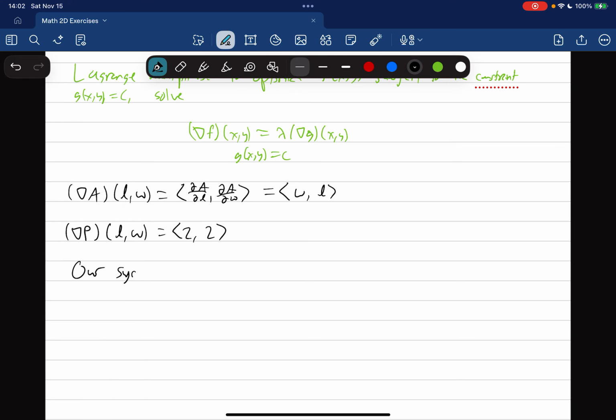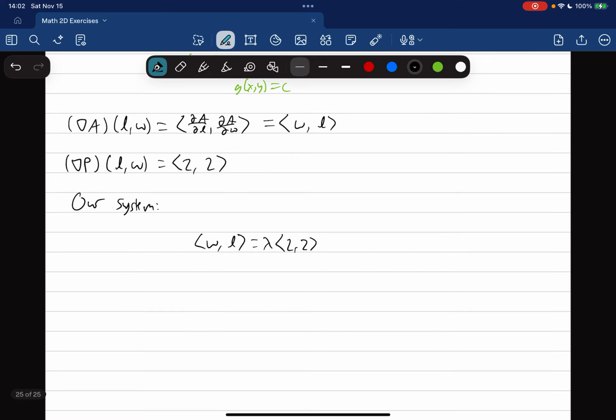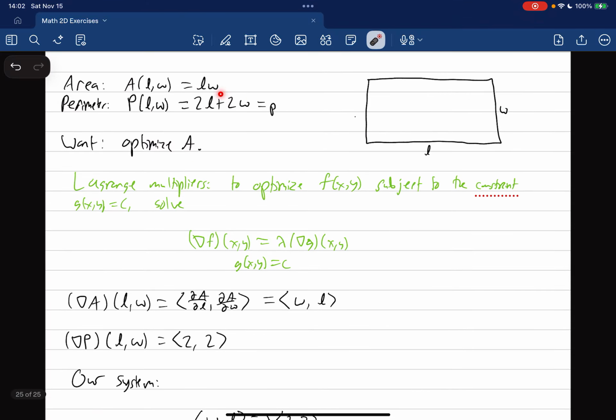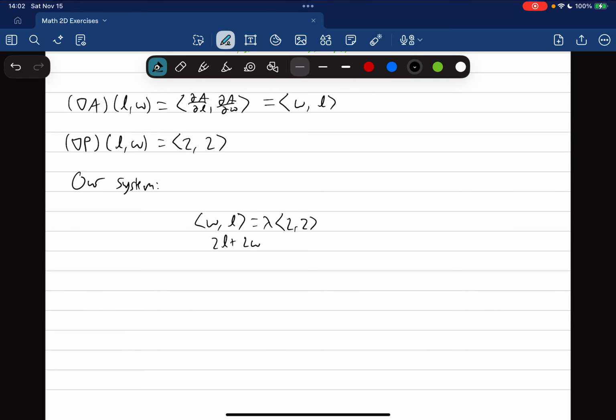So our system is going to be W, L equals lambda times 2, 2. And then we need our constraint, which says that the perimeter is equal to p, so 2L plus 2W equals p.